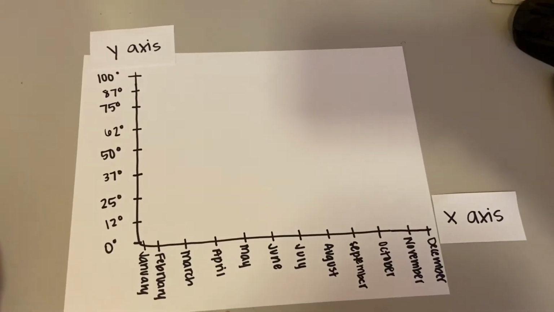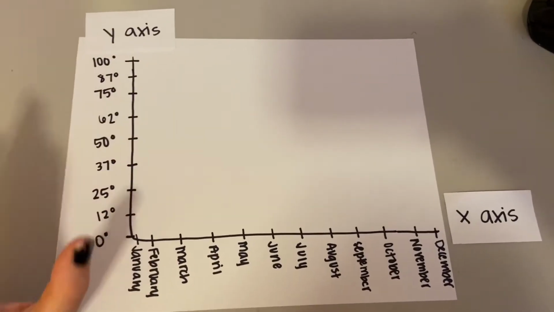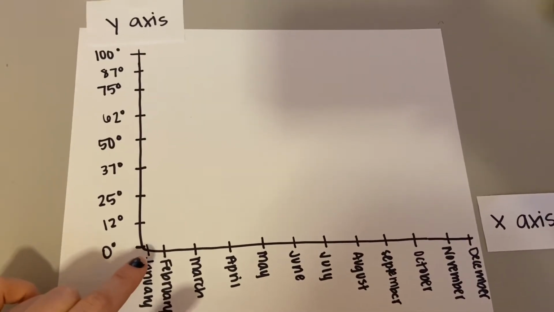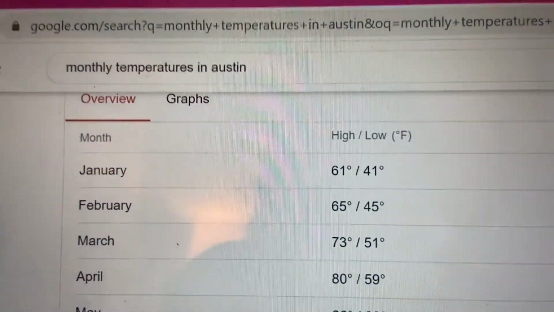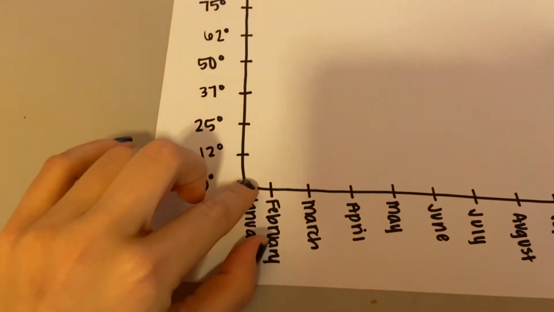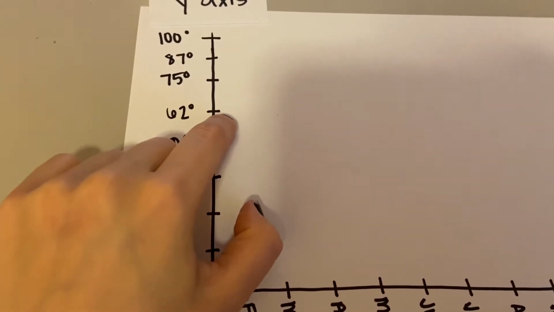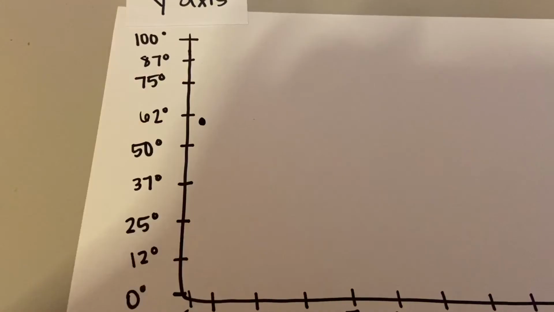Now that we have our graph ready, let's start plotting the points. To do this, using your data, you're going to find, say, the January high, and that was about 61. Then you are going to stay on this line and find about where 61 is. On mine, it was about right here, so I'm going to put a plot point there, just like that.